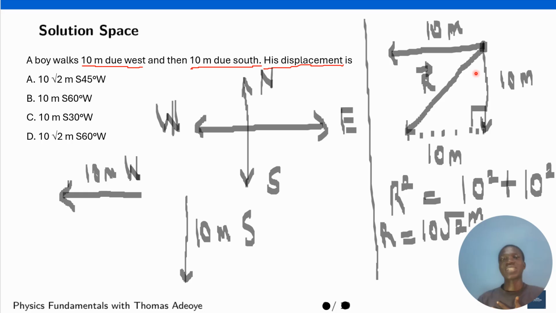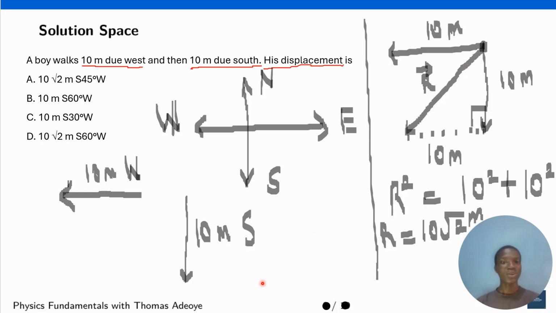Both of them will not be in the options, because both of them will be correct. It depends on your choice if it is theory, but if it is objective, you have to look at the options to know which one is there. Let's say west, because Nigeria is in West Africa.